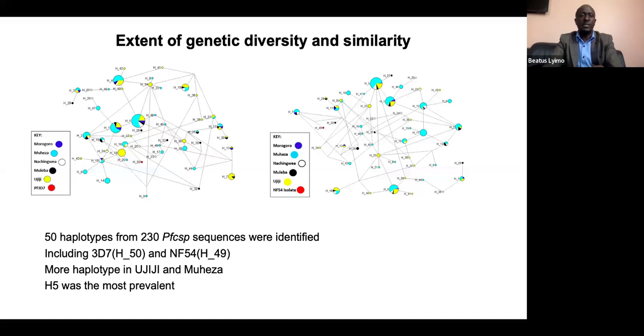It has also been reported in other countries that there are very high differences between the vaccine sequence, or the 3D7 sequence, and that which is reported in the natural population.